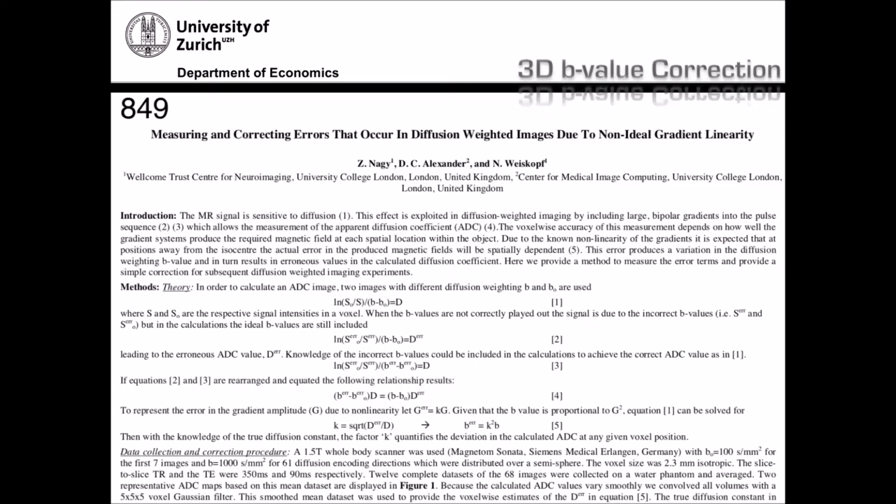The idea is very simple. You put a water bottle in the scanner, and the water diffuses at the same rate in all directions at any spatial location within the water bottle. The diffusion on the left-hand side shouldn't be higher than on the right-hand side, and so on.